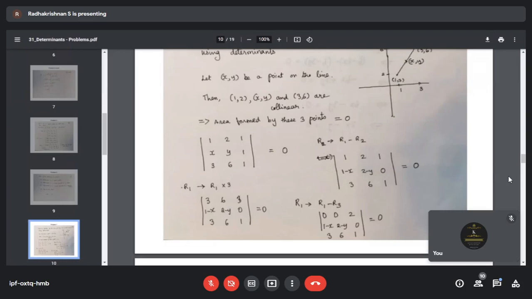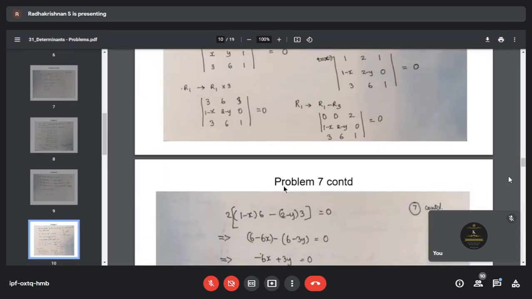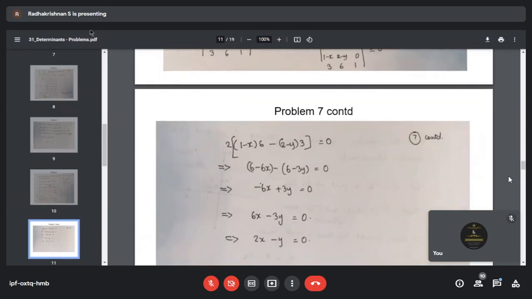I saw that 1 and 3 is there, 2 and 6 is there, 1 and 1 is there. So for 1 and 3, 2 and 6, we can remove them by multiplying the first row by 3. So the first row becomes 3, 6, 3 and the third row stays 3, 6, 1. Then if we take the difference, we can make the first two elements 0. That is what I did, and it becomes easier to solve. So the determinant looks like this. Then just write it down and simplify, you get 2x minus y equal to 0.